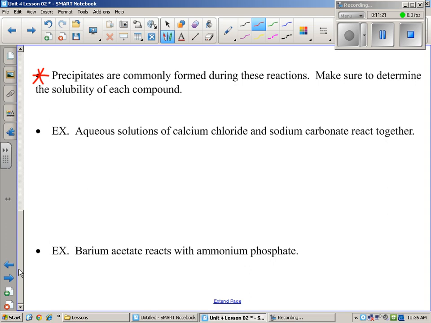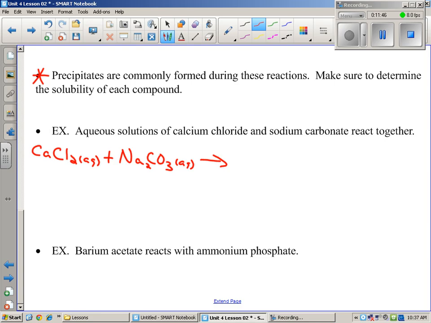So, once again, mixing 2 ionic compounds, aqueous solutions of calcium chloride and sodium carbonate, 1 plus 2 minus, react together. Calcium chloride, sodium carbonate.